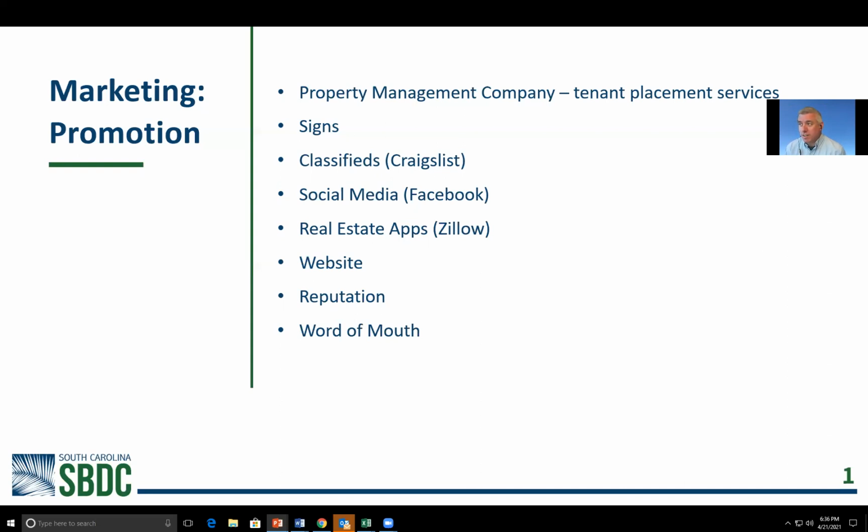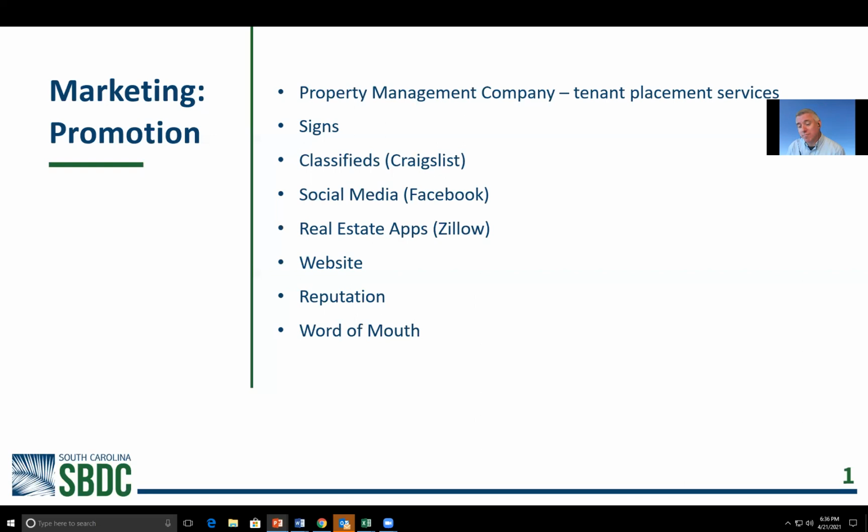But then on Facebook, you'll get a lot of different things. You can also have a website that you can steer people through where you don't talk to anybody. You say, hey, if you're interested, just go to this website and fill this application out. I don't even have to talk to you. And you know what your criteria is. You can set parameters and filters to filter out, or at least move to the top, the applications that are best.